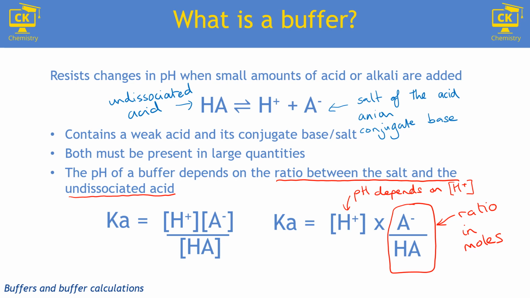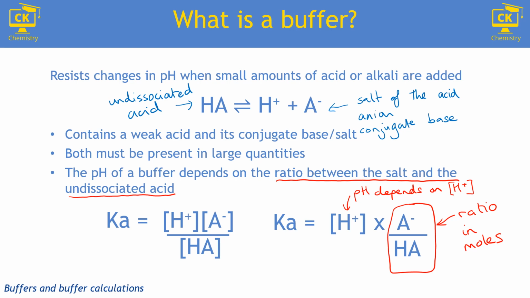Whatever moles I've got of HA and A minus, they're in the same volume, because the buffer solution is a single solution. So I could change them to concentration, but there's no need. Hopefully as we go through the calculations, you'll realize why it's a lot easier to think of it as moles of salt divided by moles of acid.